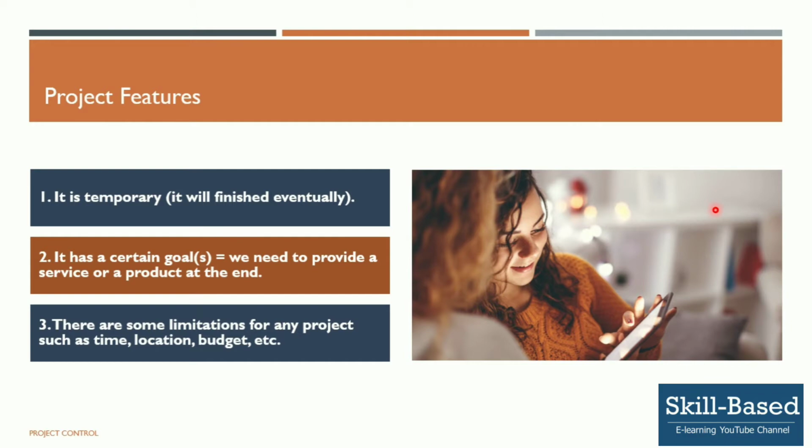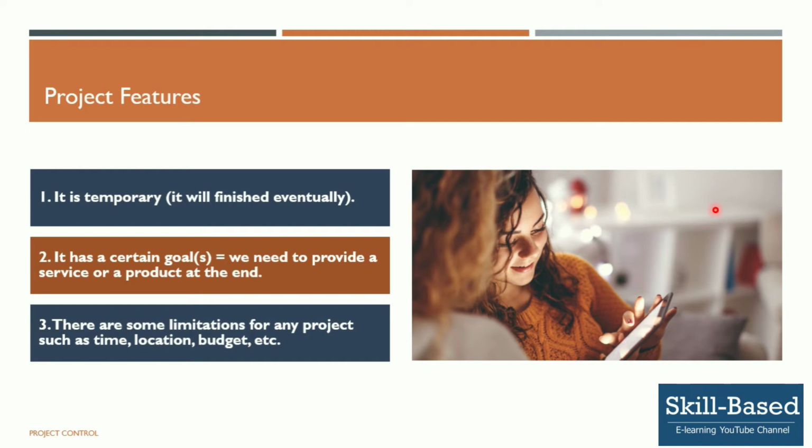If you're working on your master thesis, you probably have 6 months to get to the conclusion, get to the result. During these 6 months is the timing of your project. So after the 6 months, you will get to the end of the project. So the project is over, so it will eventually finish, and it is temporary, maybe a short period of time or a long period of time, but it will eventually end.